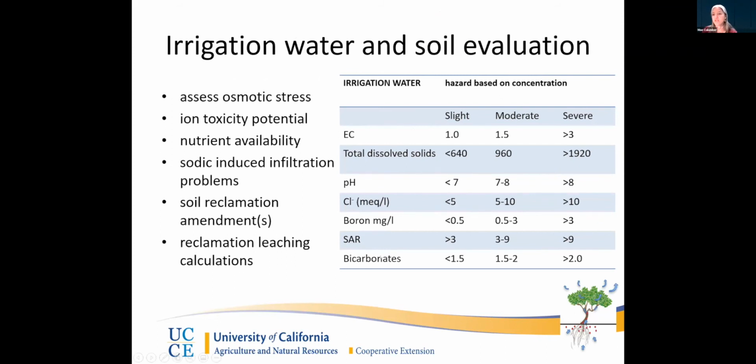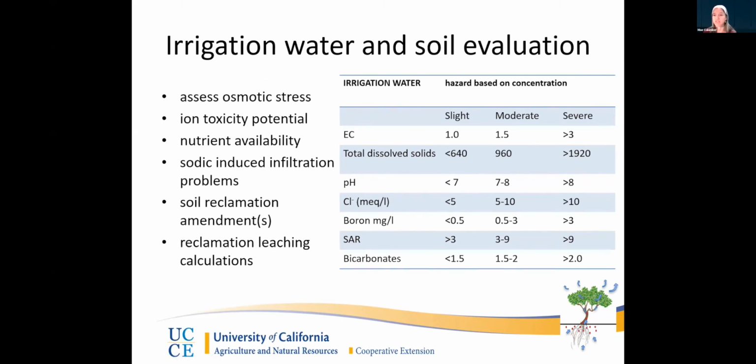And so this is just a table of some of the basic parameters that can help you make that evaluation in terms of your water and your soil evaluation. EC, as I mentioned, for every one unit increase above 1.5 decisiemens per meter, we're going to start to see reductions in growth and yield potential.